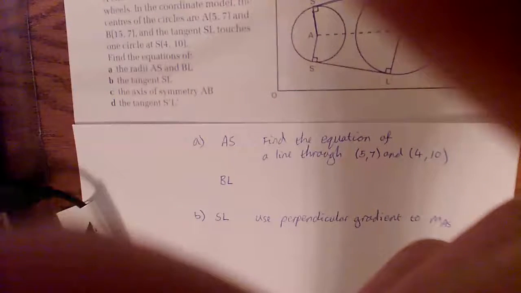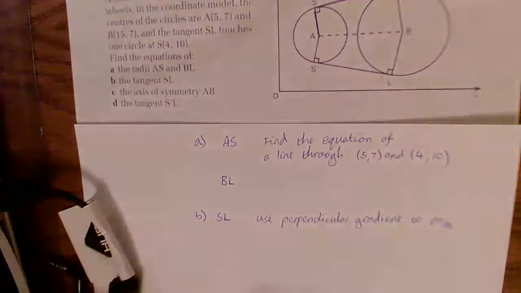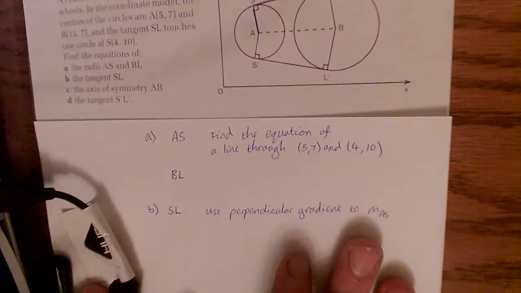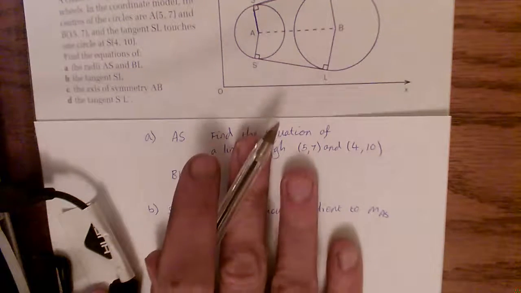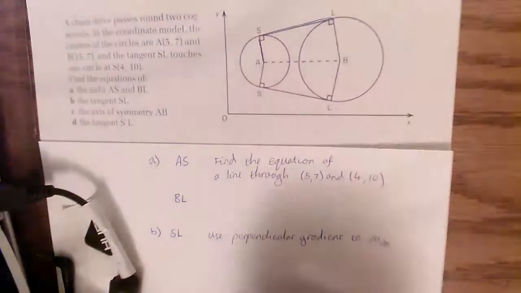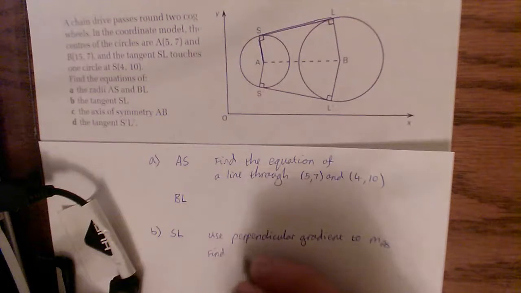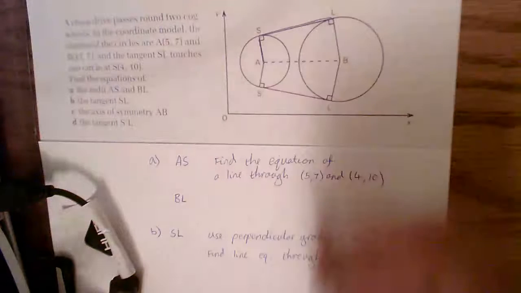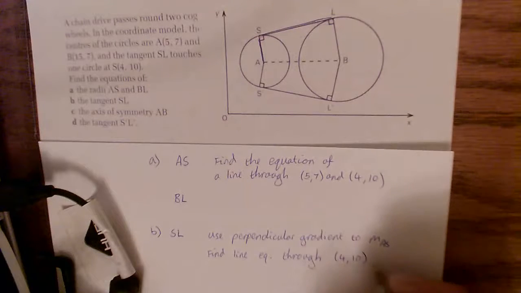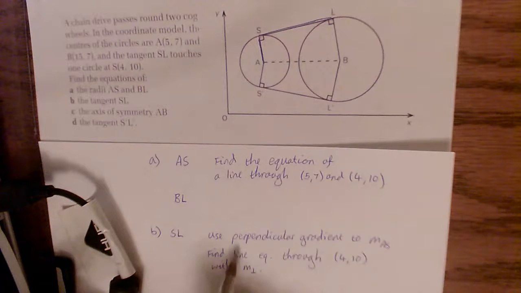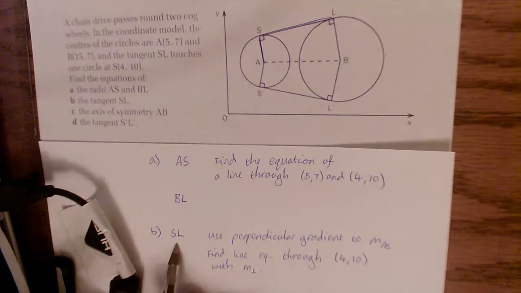Just let me focus a little bit better. So the gradient AS is something we found up here, and then we can use the perpendicular gradient to that to find the gradient of SL, and then find a line equation through, now we know the coordinates of S, so it's a line equation through 4, 10 with that perpendicular gradient that you've found. So that's how you're going to work out SL.